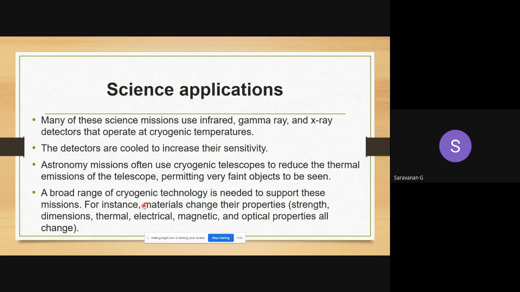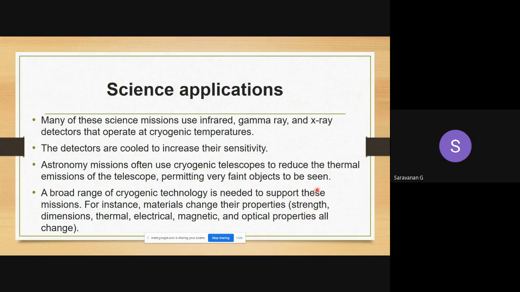Not only that, there are also the telescopes. We use telescopes in astronomy missions. There will be some thermal emissions, so to see the objects very clearly, we cool down the telescopes. These are cryogenic telescopes. To support all these kinds of space science missions, a broad range of cryogenic technology is employed, such that the strength, dimensional, thermal, electrical, magnetic, and optical properties can be controlled.